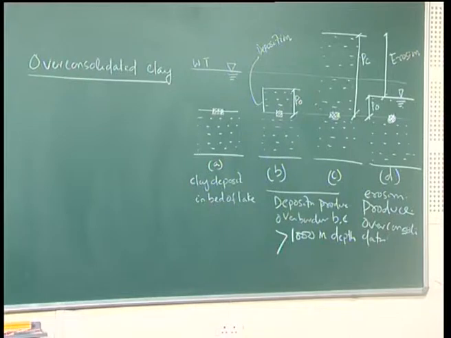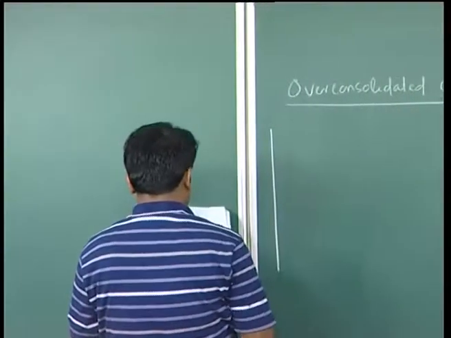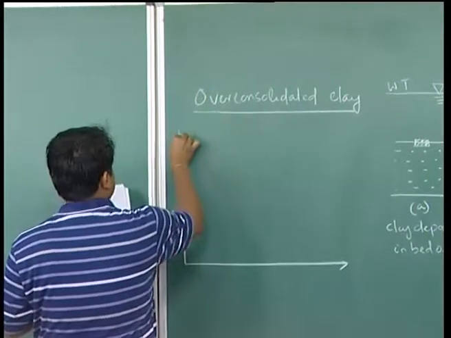Now, if I understand this graphically, if I can draw a graph, how this phenomenon of over consolidation affects the shear strength.